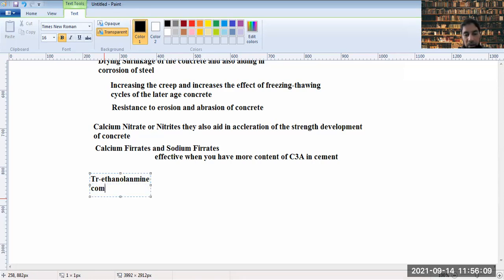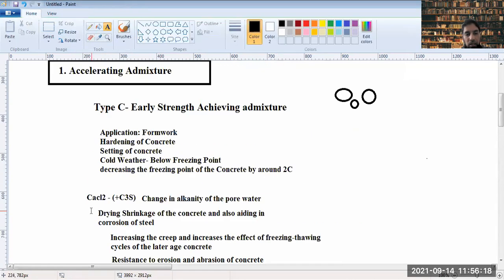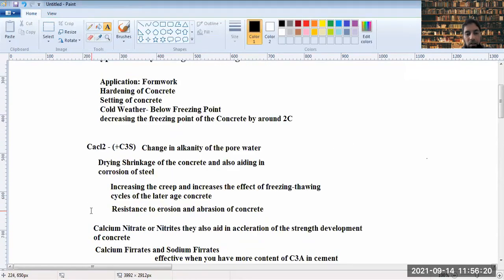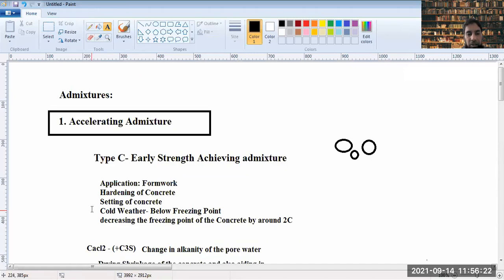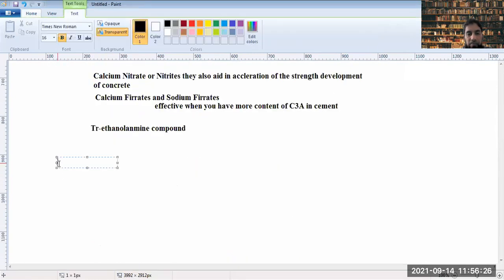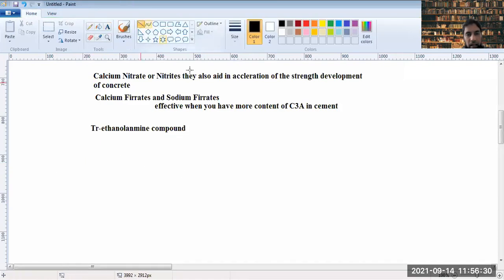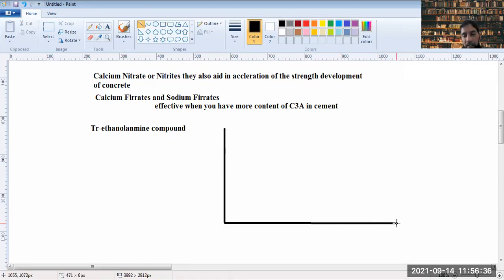This is a compound. This is also used as an accelerating admixture. So these are all chemicals or salts that you are using as accelerating admixtures or early strength achieving admixtures. So what does an accelerator actually do? It is increasing the early strength development.